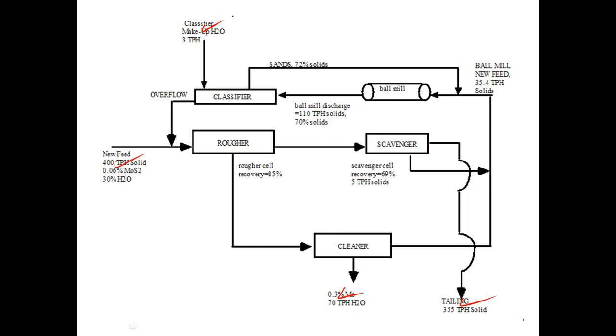So now it's time to start moving inward. Let's look at the feed to the scavenger flotation, recognizing that the recovery is 69%, total solids 5 ton per hour. If the recovery here to the concentrate is 69%, then the non-recovered material to the tailing is some 31% of this feed.